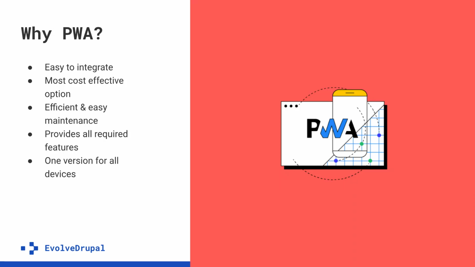Yeah, thank you for this intro. Why did we choose a PWA for that? Basically, it was super easy to integrate. No major modifications to the website had to be applied, making it the most cost-effective solution from all the options that we had. It's efficient and super easy to maintain.